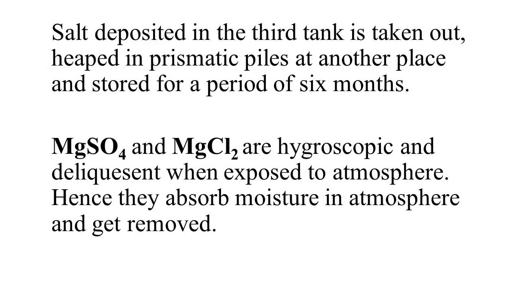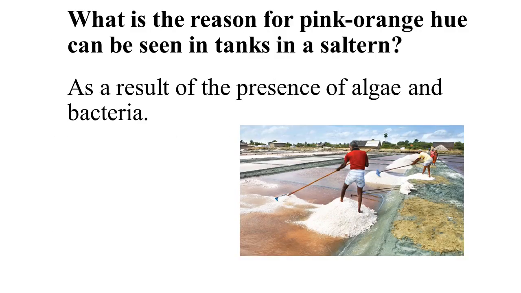To get rid of this bitter taste, we have to heap the salt that we take out from the third tank in prismatic piles for a period of 6 months. Magnesium chloride and magnesium sulfate are hygroscopic and deliquescent when exposed to the atmosphere. As a result, they absorb moisture in the atmosphere and get removed.